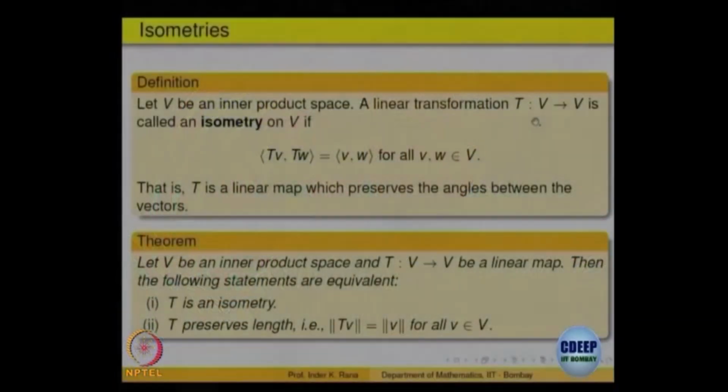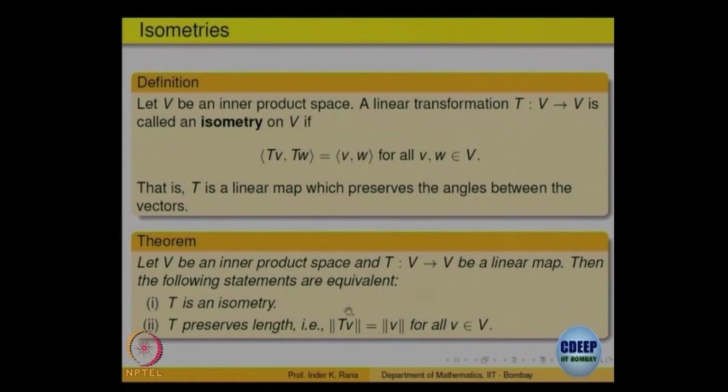A linear transformation T from V to V is called an isometry if the inner product of Tv and Tw is the same as the inner product of the originals v and w. So it preserves the inner product, and we have seen that the inner product is related to the notion of angle and distance. So it is not surprising that we have a theorem, namely T is an isometry if and only if it preserves the length also.